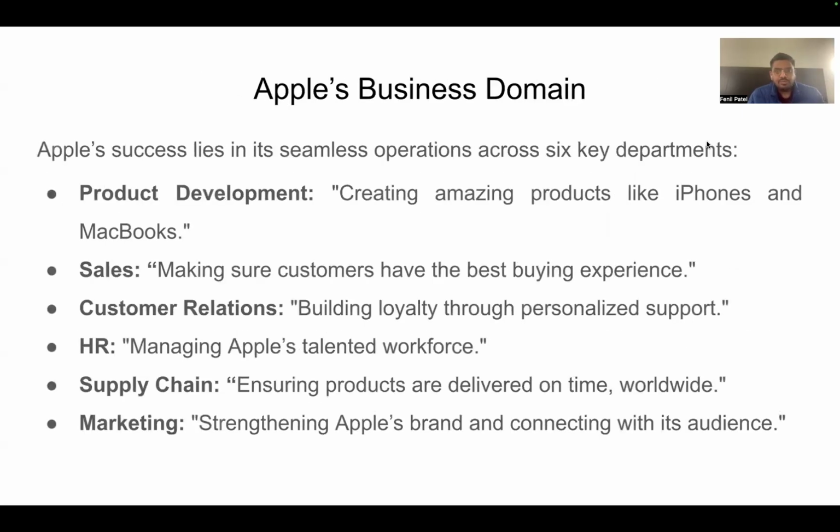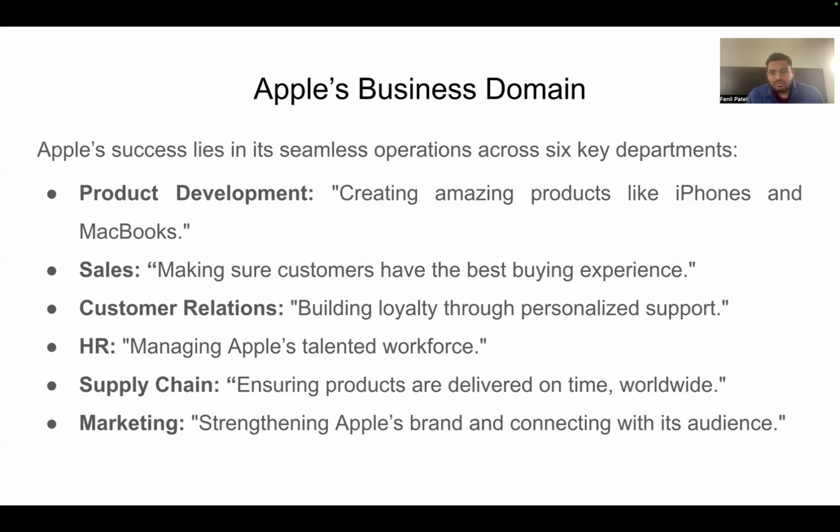Now the Apple's business domain. Apple's business domain depends on six key departments working together smoothly. Here is how they contribute. Product department, product development, creating amazing products like iPhone and MacBook. Sales department includes making sure that their customers have the best buying experience.